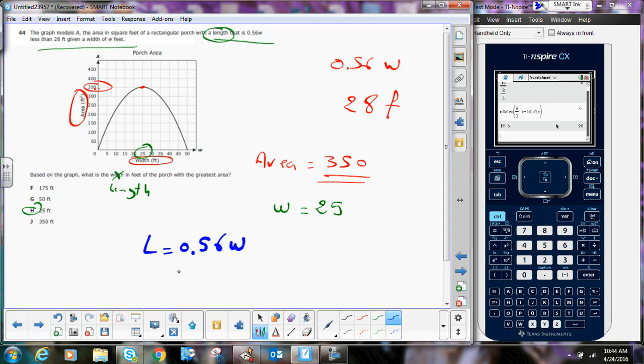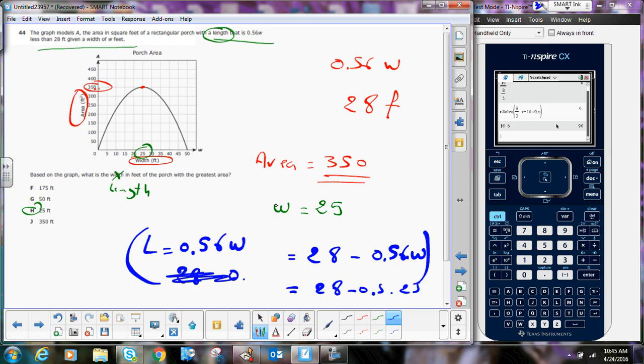Less than 28 feet means you take 28 feet minus 0.56 W. So in this case, you can apply the math, you multiply and use your math. But this is extra we're doing, because the question is too simple. They ask for the width. The width is 25.